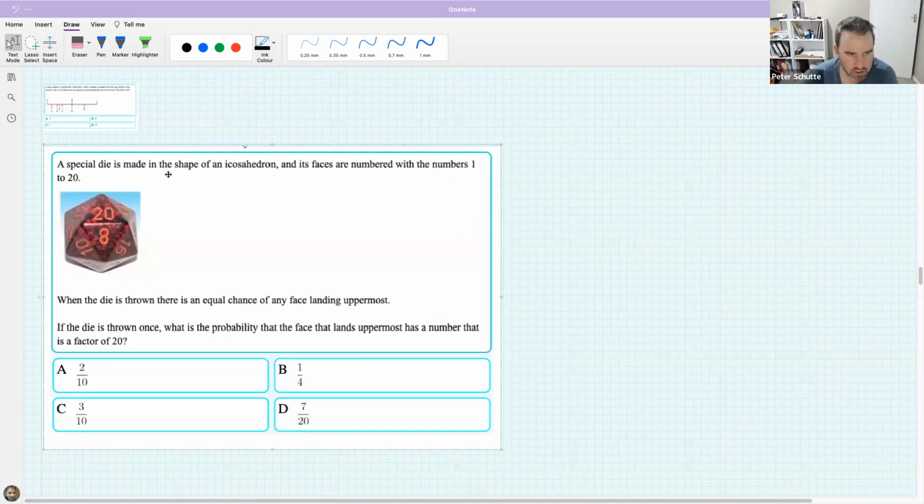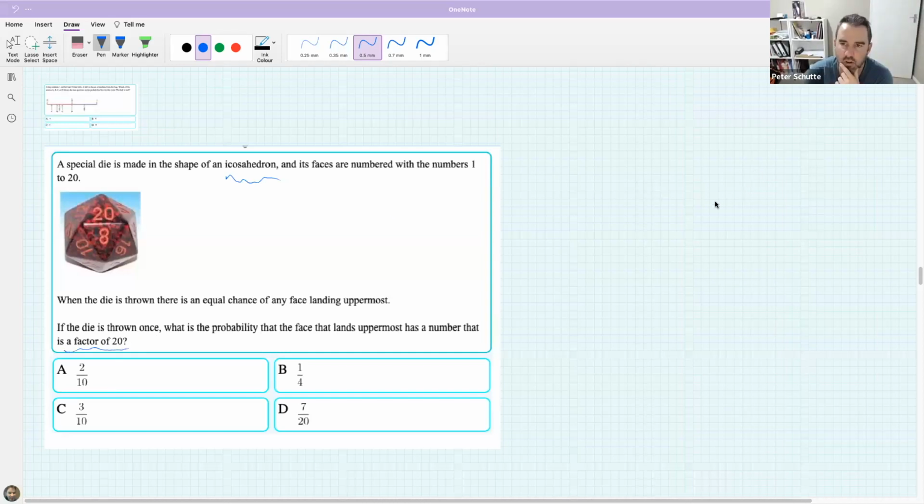A special die is made in the shape of an icosahedron, and the faces are numbered 1 to 20. When the die is thrown, there's an equal chance of each face landing. If the die is thrown once, what is the probability that the face that lands up has a number that is a factor of 20?